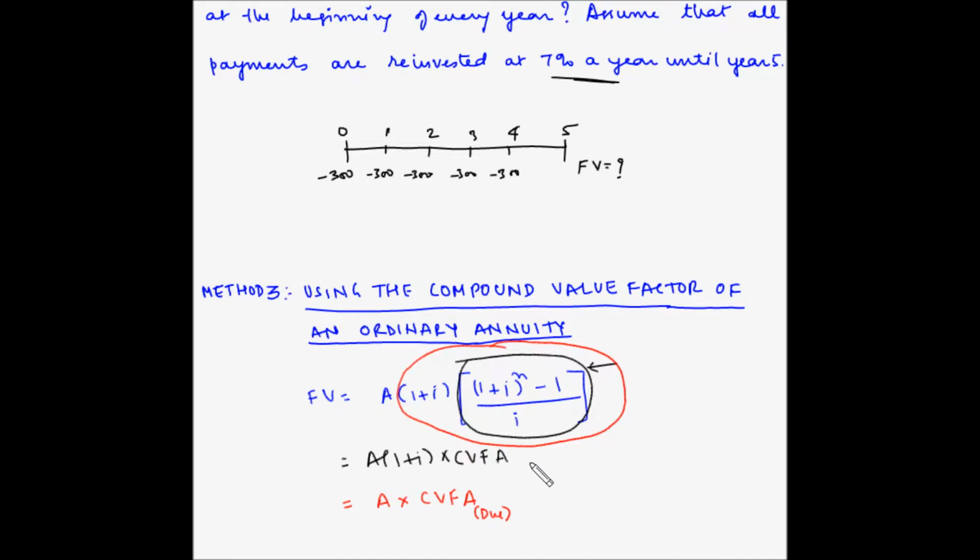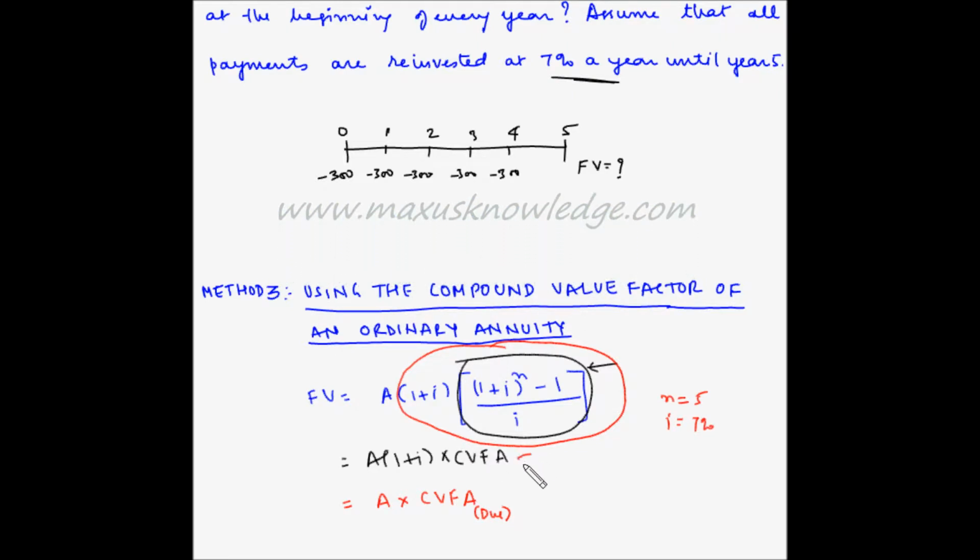So for our case, we have the value of N as 5 and I as 7%. So for our example, we'll use the table for the compound value factor of an ordinary annuity to calculate the future value of the annuity due.